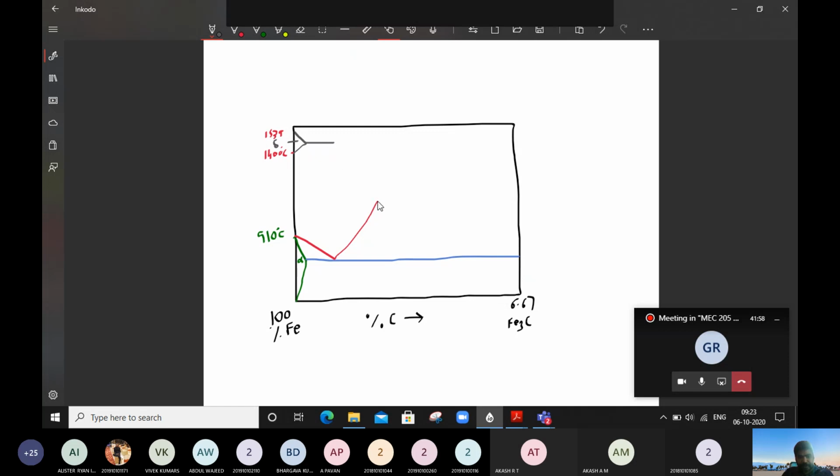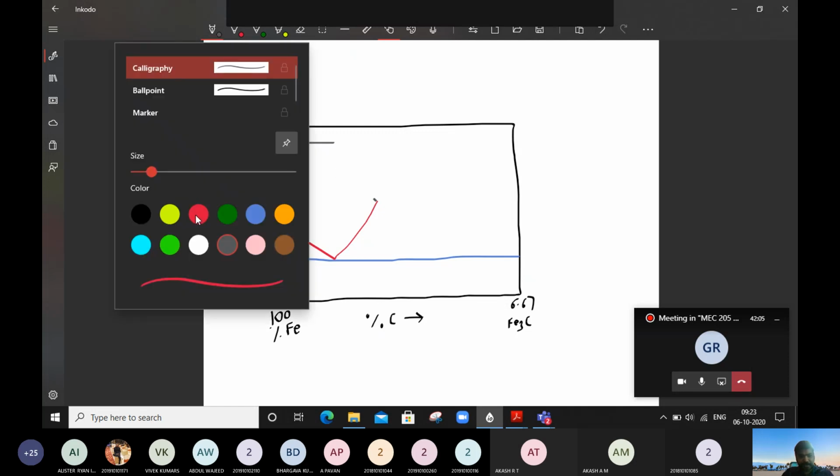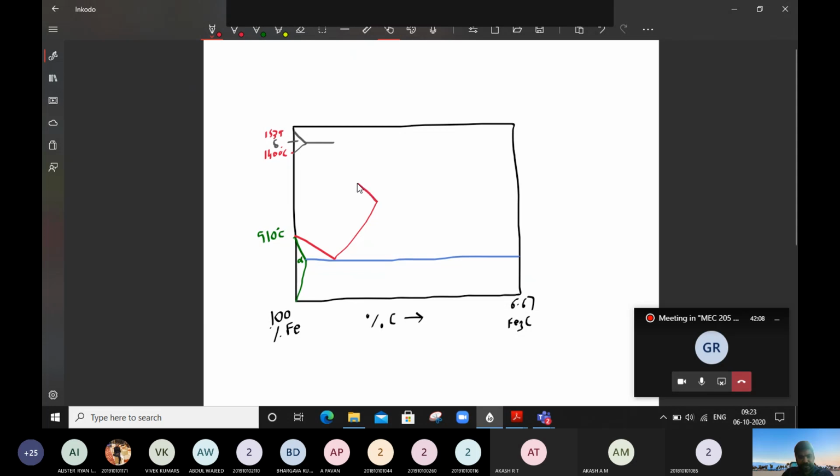Now this austenite boundary, we use the same color that I took initially. From here, just join this point over here. And then again from here to here you draw a line. Take a curve from here passing through this point and strike this point.